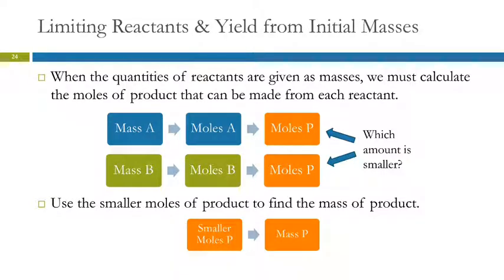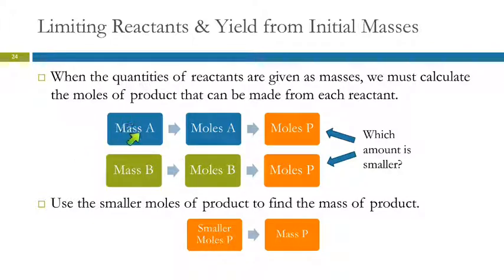So that's thinking in terms of molecules. Of course, we're dealing with masses more frequently. So when we've got masses, we have to go to moles and look at that. Now, this is the strategy that your book uses, and there's nothing wrong with it. It's entirely valid. If you want to do your problems this way, you go right ahead.